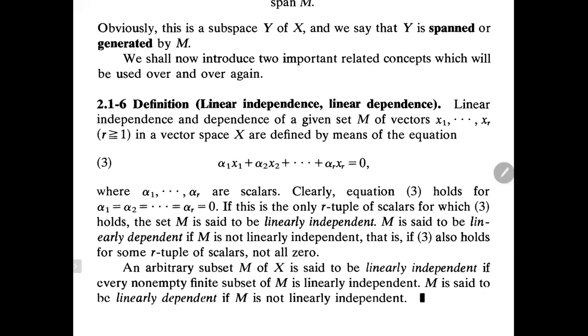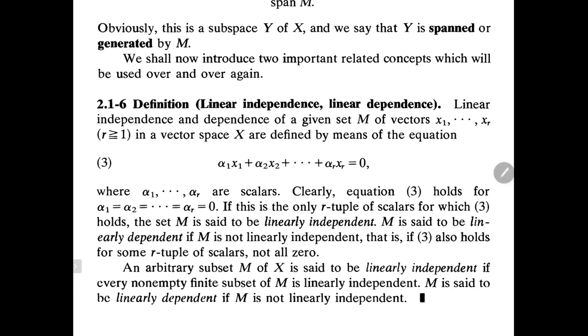That is, alpha 1 x1 plus alpha 2 x2 plus up to alpha r xr equal to 0 implies alpha 1 equal to alpha 2 equal to up to alpha r equal to 0. Then we say that x1, x2, up to xr are linearly independent, or the set M is linearly independent.